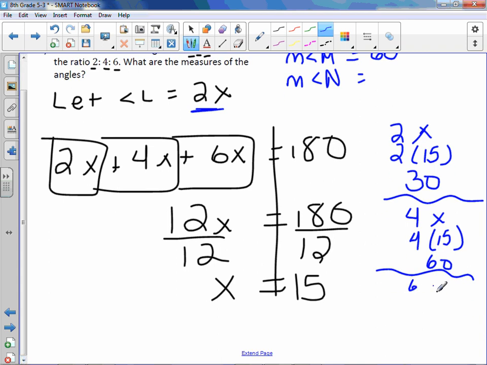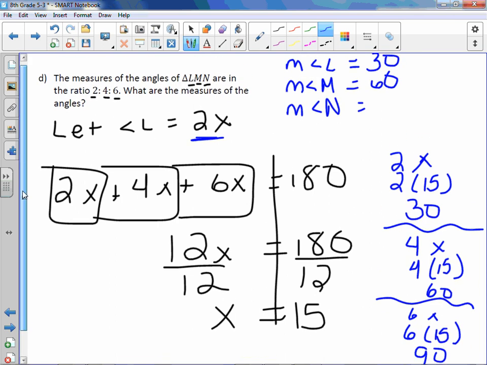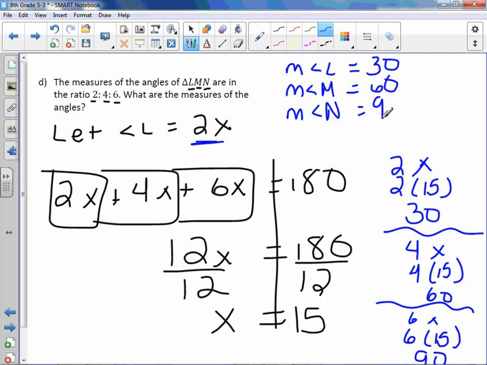And 6x is 6 times 15, which is 90. So again, we have a right triangle because one of the angles measures 90 degrees.